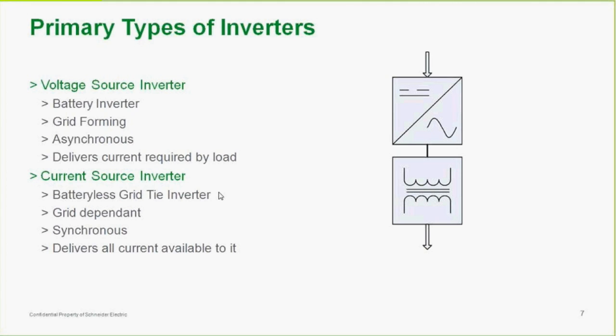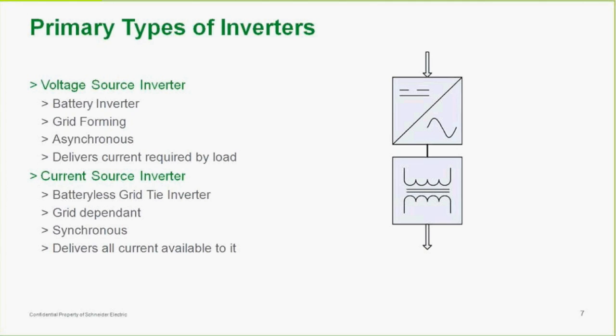We're going to talk a little bit about something called AC coupling in a little bit. We're going to talk about DC coupling, and what's going to come. This delivers all current available to it is a very important function or feature or limitation or whatever you want to call it. So, for instance, if I have a 5 kW batteryless grid tie inverter, the sun is good, I've got my 1,000 watts per meter squared of irradiance, I've got nice cool panels, and that array is putting out 5,000 watts.